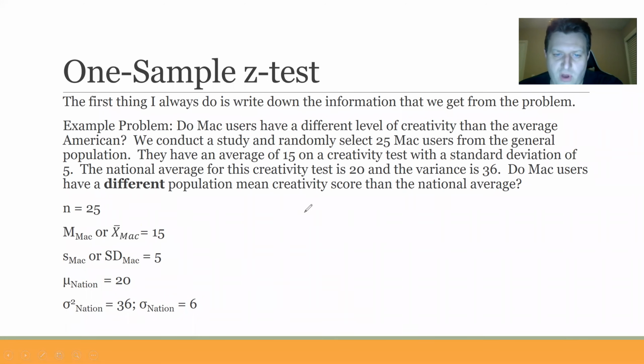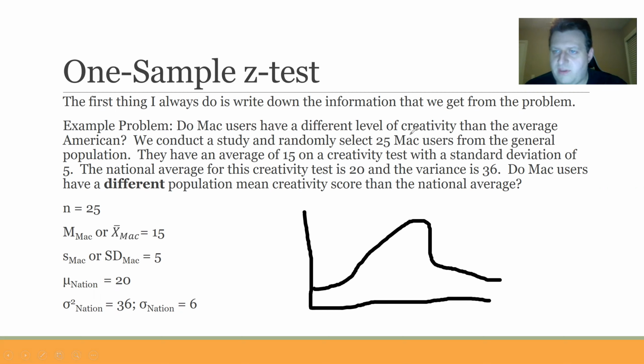Let me do a little bit of drawing right here. All right, so we have our lovely standard normal distribution. You can easily tell that that's what this thing is. We need to set up a rejection region of when we have a finding that's so extreme that we reject the null hypothesis. Now, if we're just looking for a difference, we need two cutoff values.